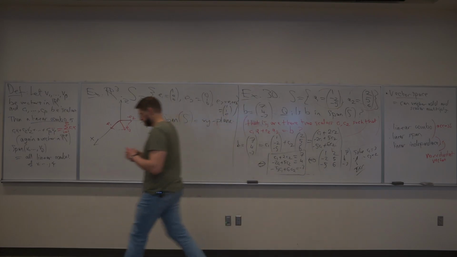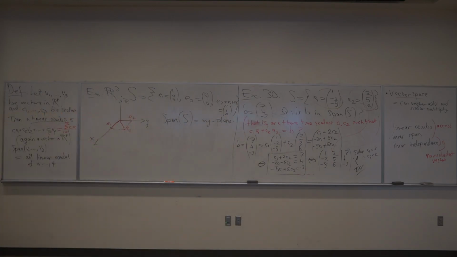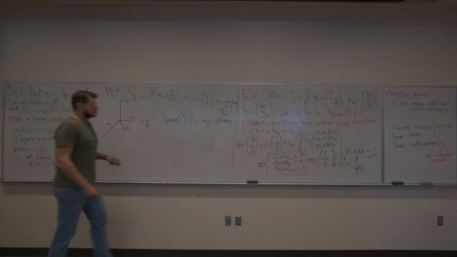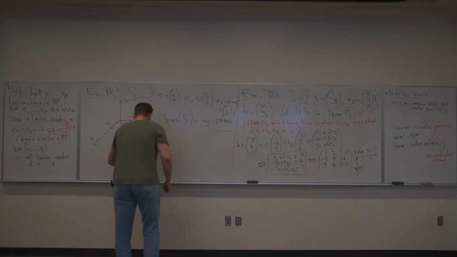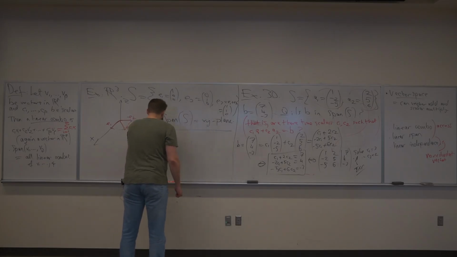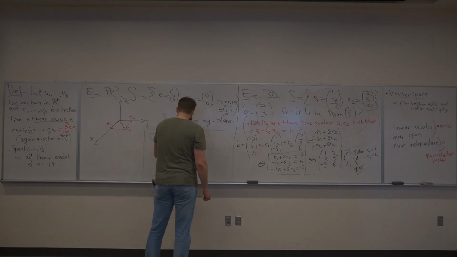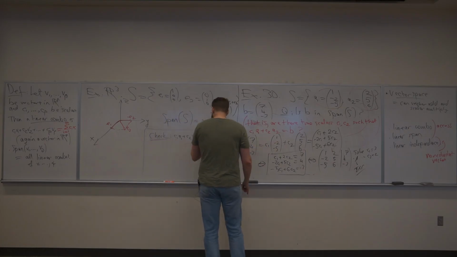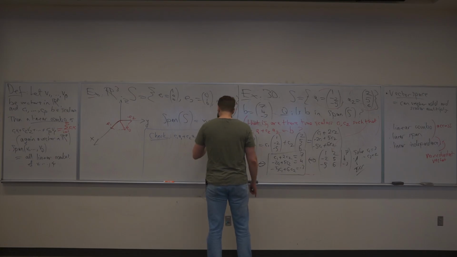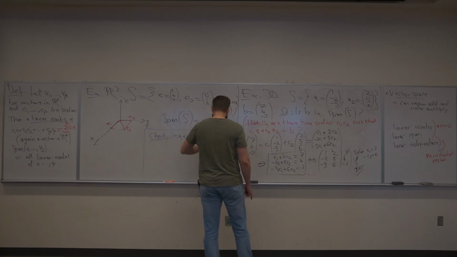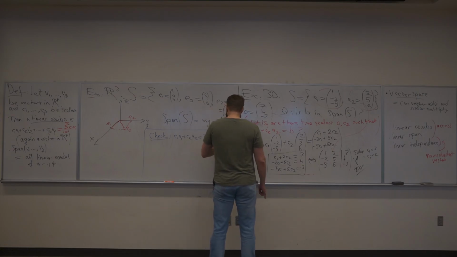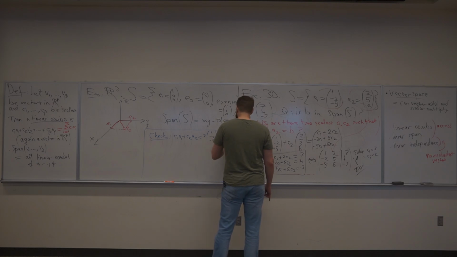Let's just do that then. So C1 A1 plus C2 A2 is what? I'm just going to plug in everything. So this is 3 times (1, -2, -5) plus 2 times (2, 5, 6).